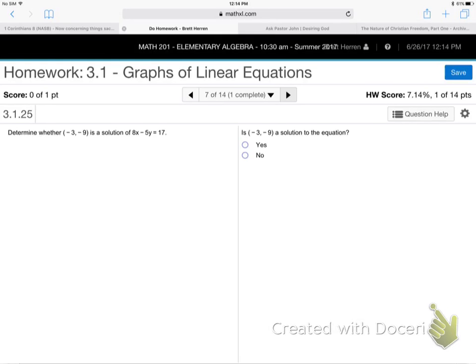All right, so they want us to determine whether negative 3, negative 9 is a solution of that equation or not. 8x minus 5y is 17. This is x. This is y.